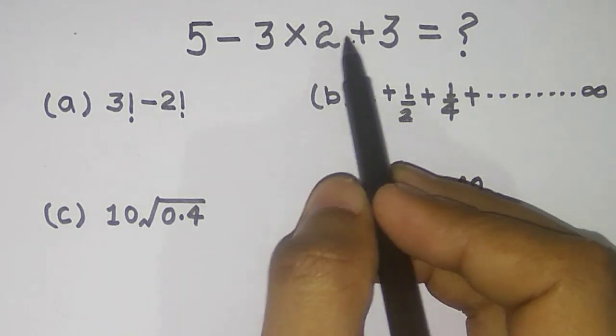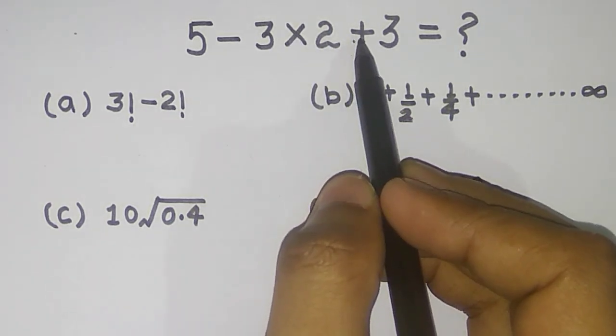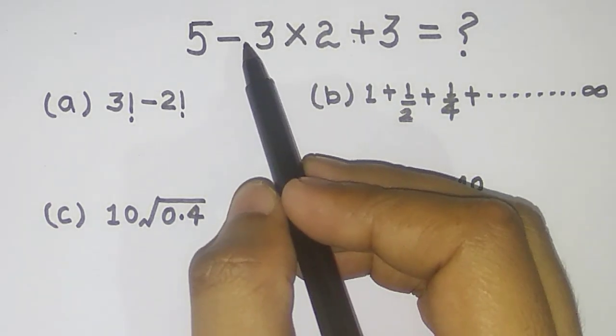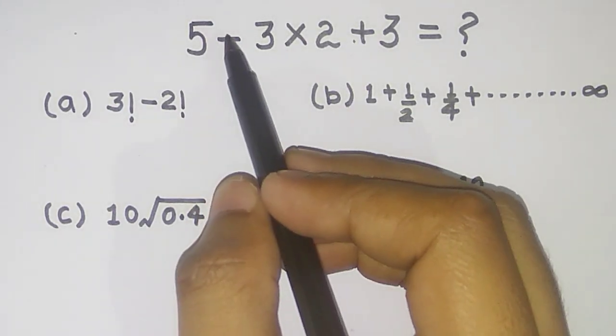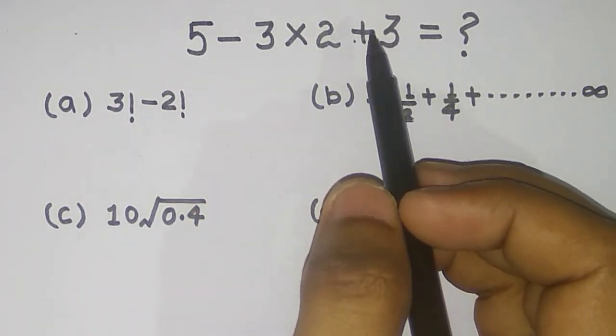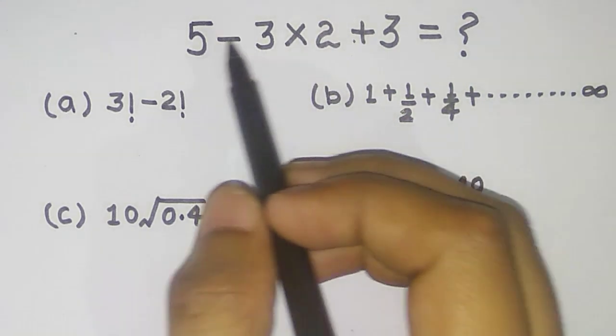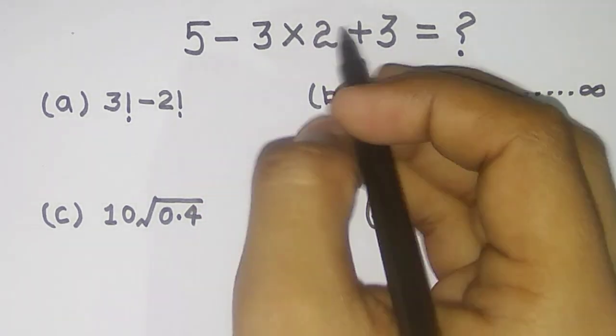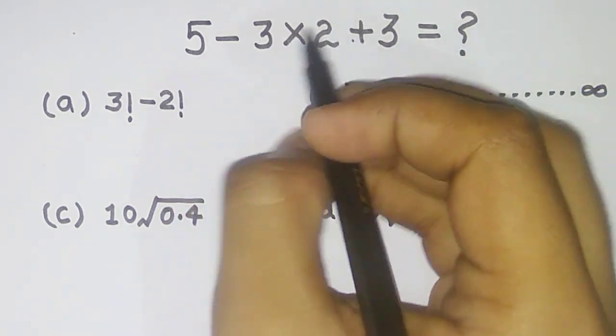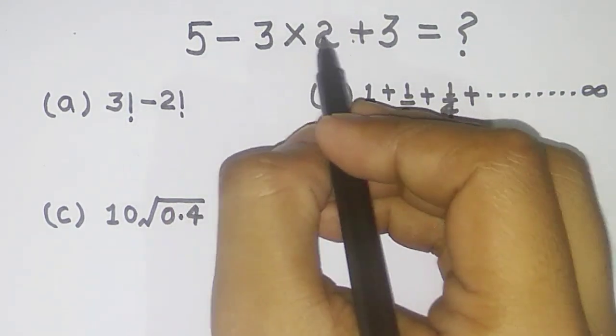Then we will solve either plus or minus. We can solve plus or minus at the same time, meaning we can solve either addition first or subtraction first. But first we need to solve this multiplication.